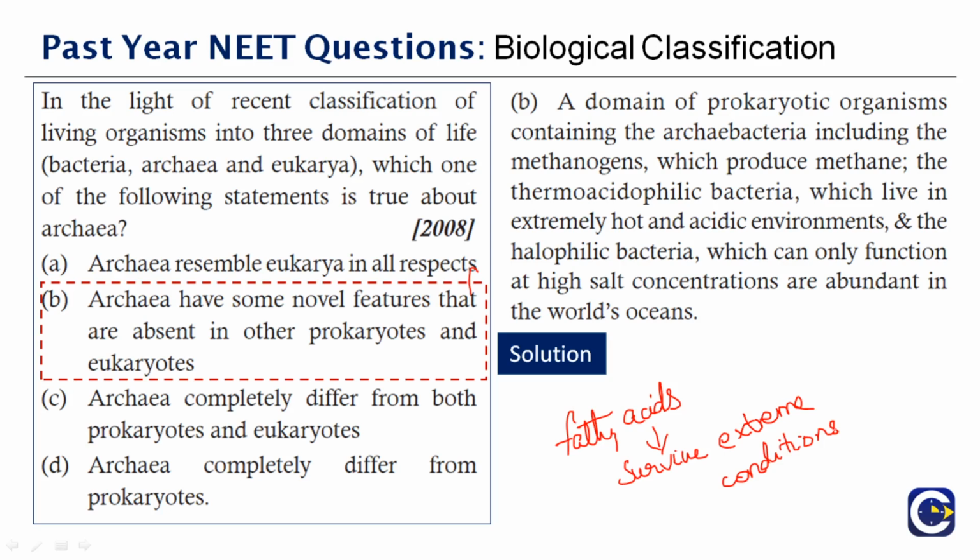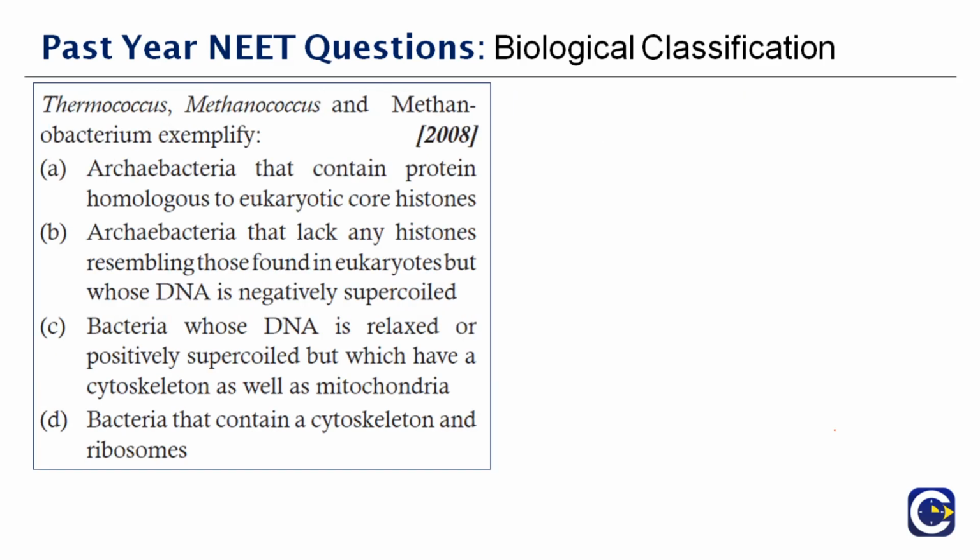The one which can survive high methane conditions is called methanogens. The one which can survive extreme acid conditions, acidophiles. So you have different names for them, but all these bacteria come under archaebacteria only. They are unique because of this particular feature present in their cell membrane. Now moving on to the next question here.